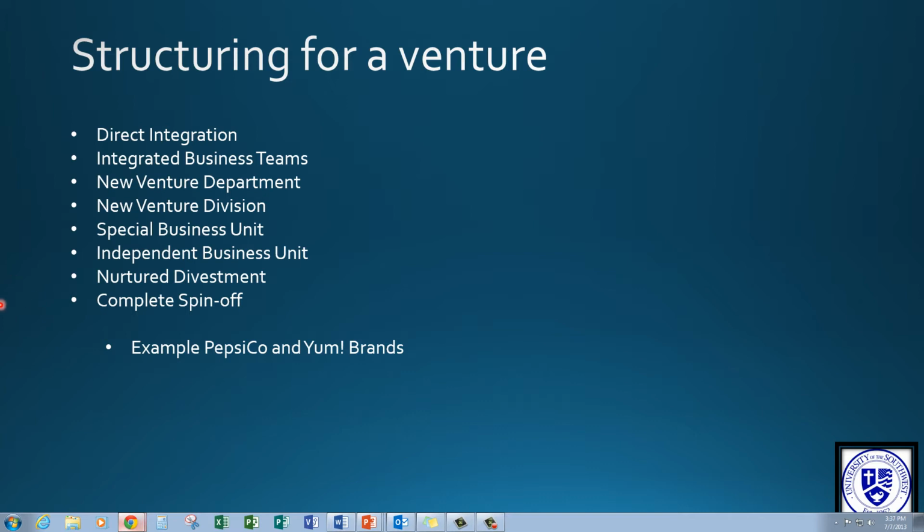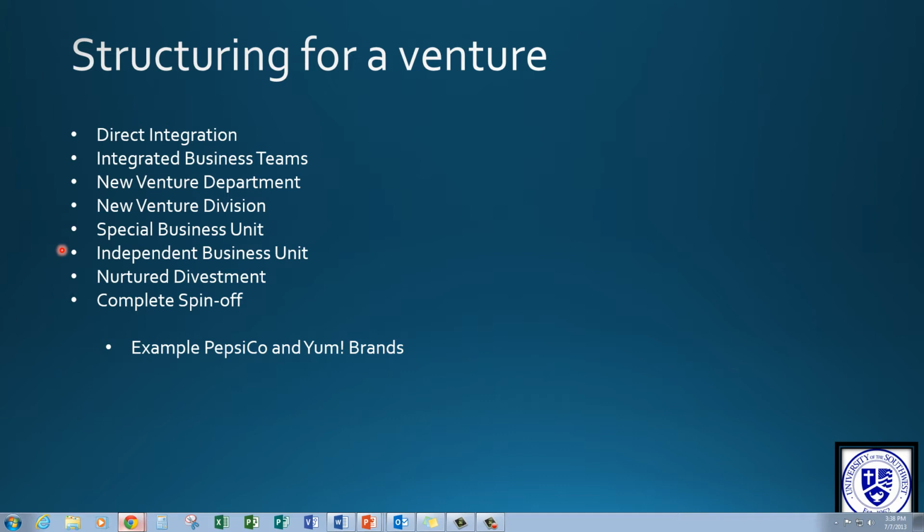And there's a reason why those fast food restaurants only serve Pepsi, because they used to be independent business units of PepsiCo. Kentucky Fried Chicken, Pizza Hut, Taco Bell, A&W, and then Long John Silver's. They used to be part of PepsiCo. In other words, they were business units owned by PepsiCo. And so you can only buy Pepsi at those places.